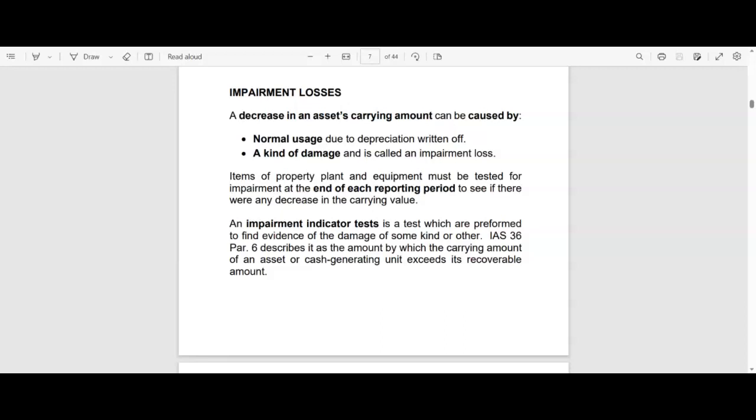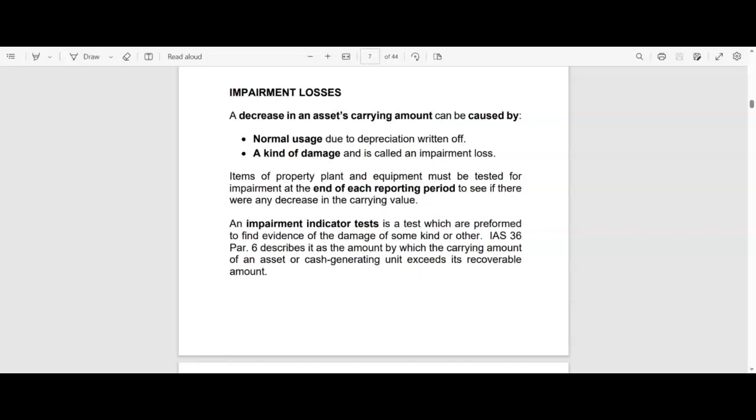And we said last week, how do we account for that? It's very similar to depreciation. We're going to debit an expense called impairment loss, and we're going to create a contra account, which is again a negative asset, very similar to accumulated depreciation, but this time we are going to call it accumulated impairment losses.